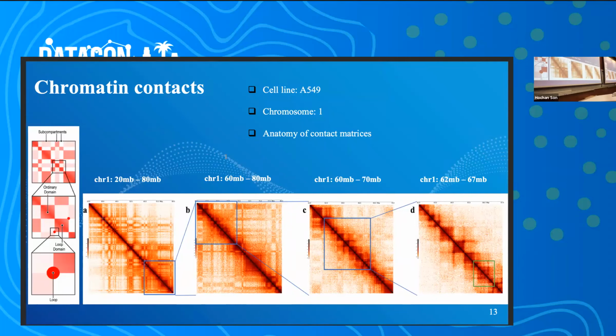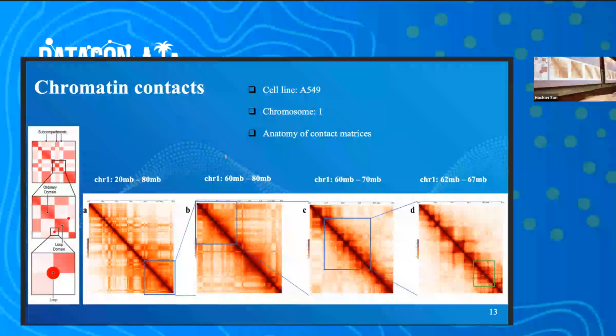The squares without the little dot on the corners are ordinary domains, and the squares with the dot on the corners are the loop domains. So there are 2 types of contact domains: an ordinary domain and a loop domain.